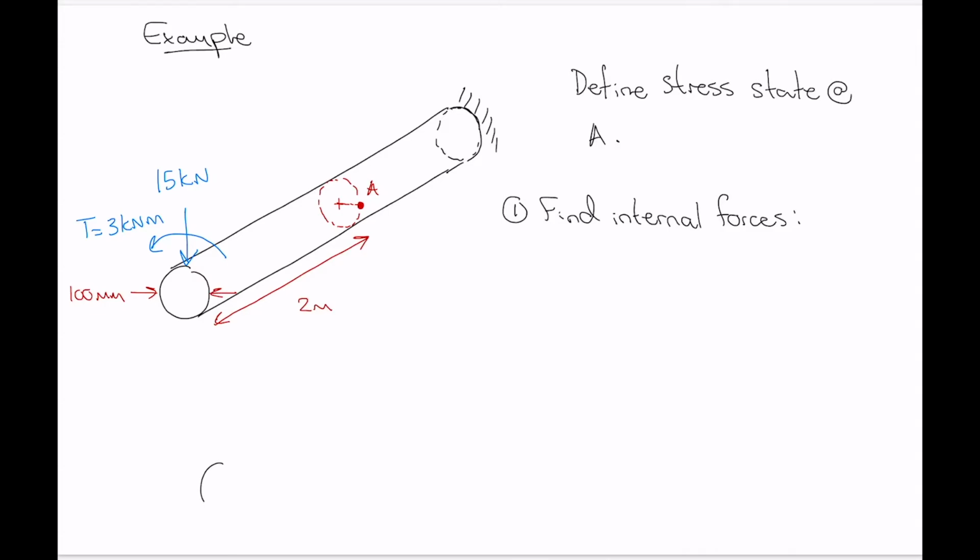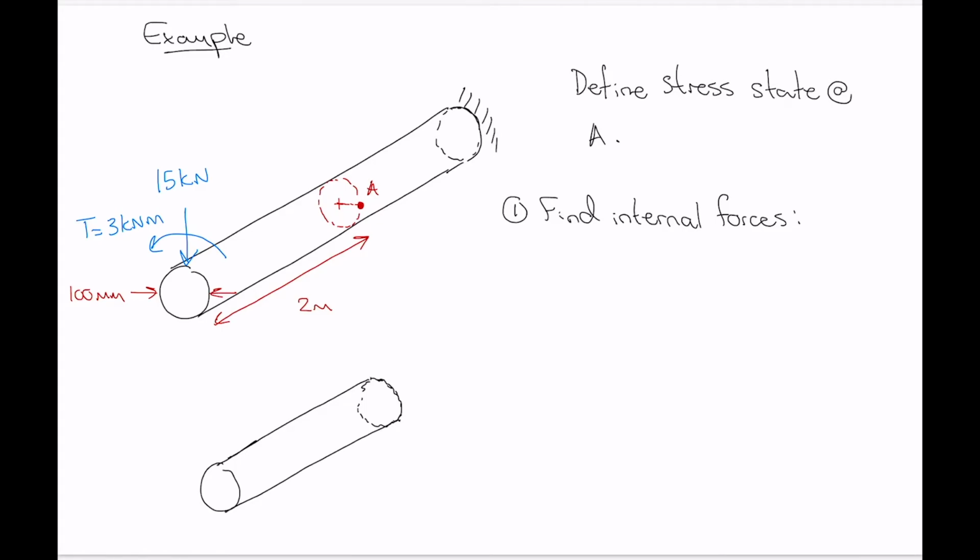So I'm going to draw this again. Here we go, we're taking it up like this, and then we've got our section cut that we've done. Now that's going to be like this. Right, there's our cut edge.